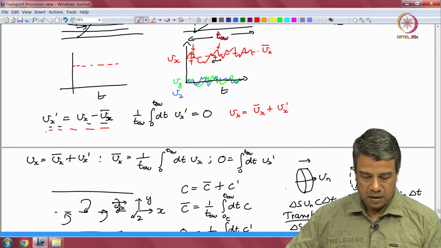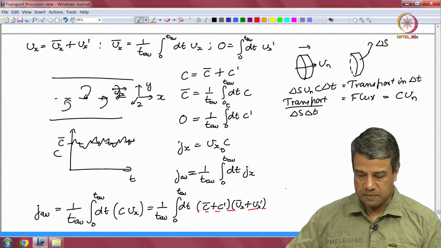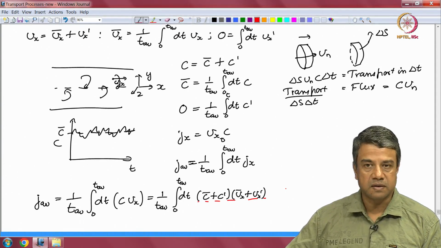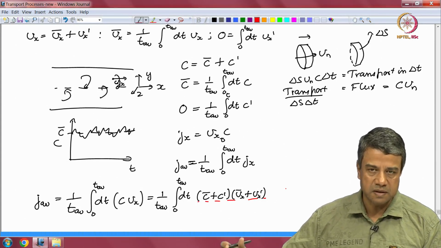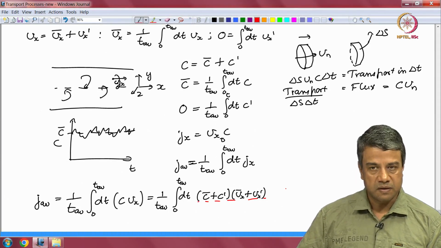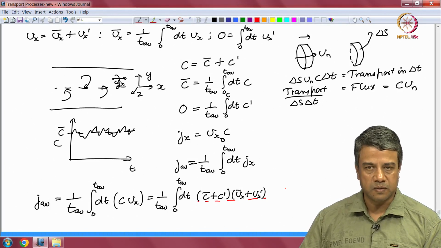And the concentration flux, for example, is the average of c times Vx. So, I just told you that the flux is the velocity normal to the surface times the concentration at that point on the surface. The velocity fluctuates because there are eddies, parcels of fluid moving in correlated motion.